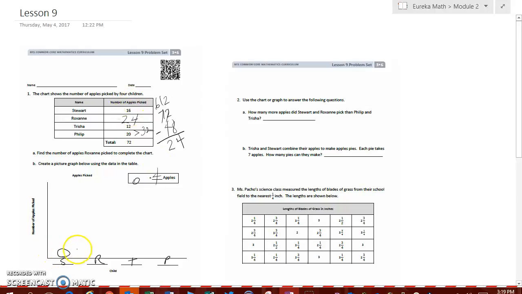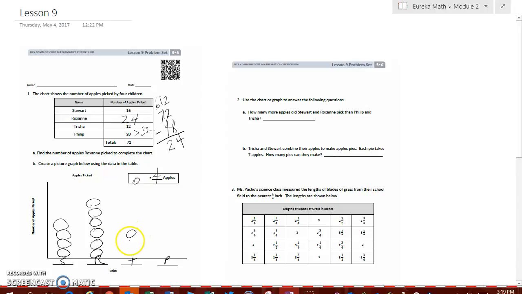So here's 4 apples, 8 apples, 12 apples, 16 apples. Roxanne, so she had more than that, so I'm going to try to draw 4 similar sized circles. That's 16 again, and then 20, 24. Trish only picked 12, so that's 3 circles.